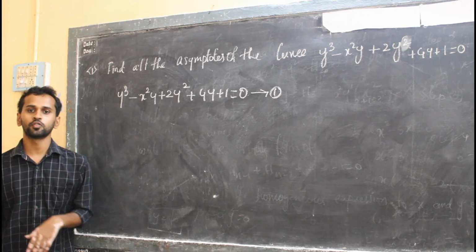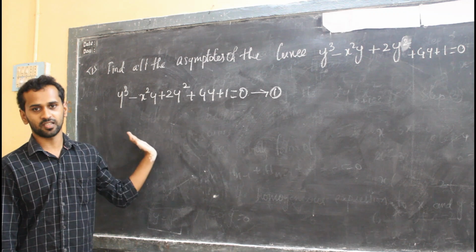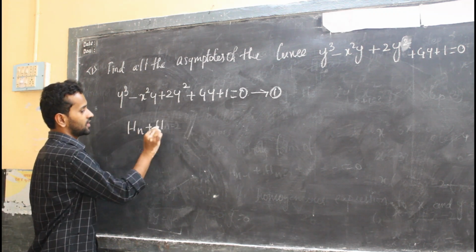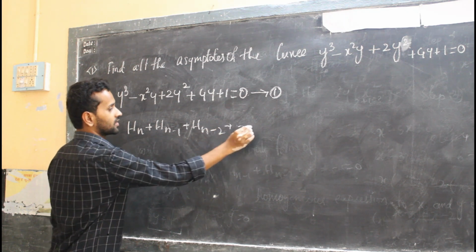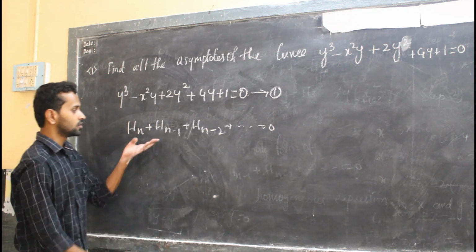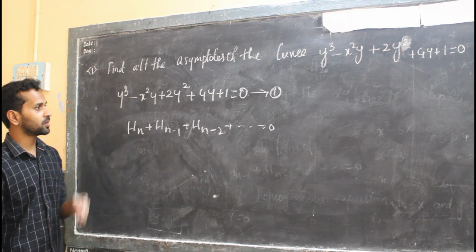Now I am going to represent this equation in terms of h: hn plus hn minus 1 plus hn minus 2 plus dot dot dot equal to 0. We know that.